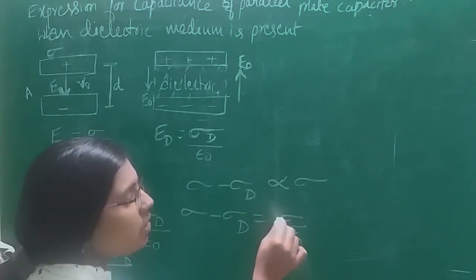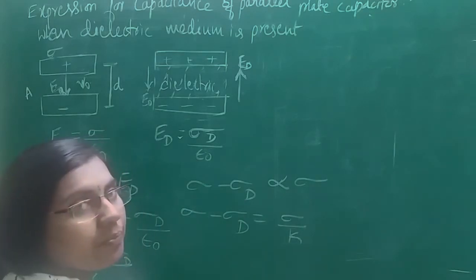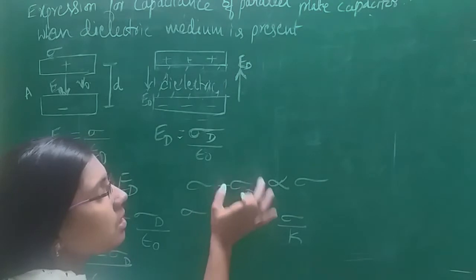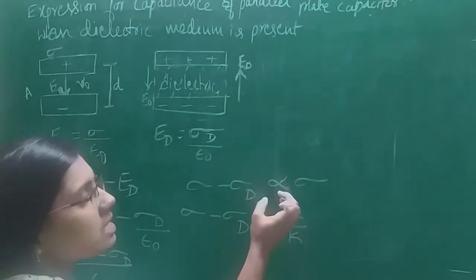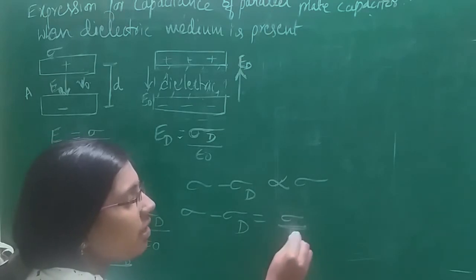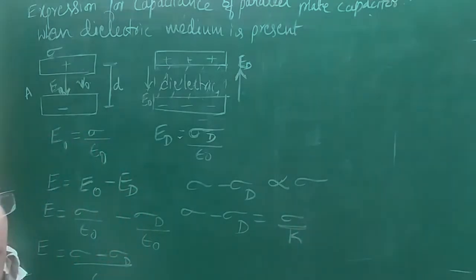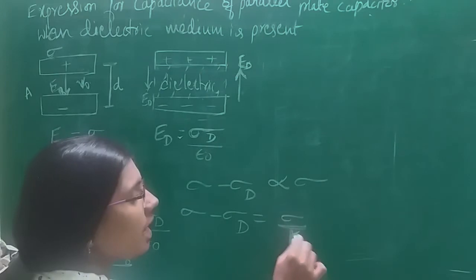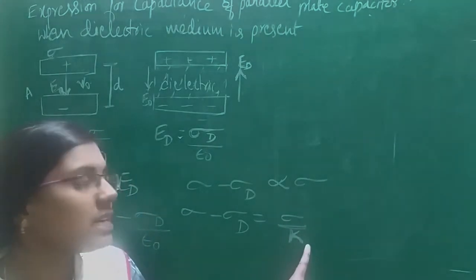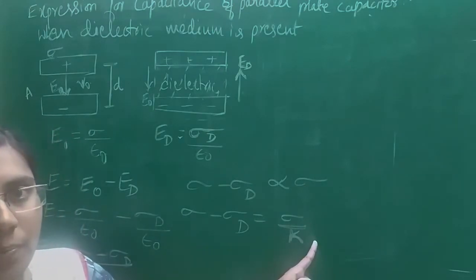We add it as 1 by k because when you insert the dielectric slab, the effective surface charge density decreases. In order to represent that, we have taken the constant in the denominator. This constant k is called the dielectric constant.